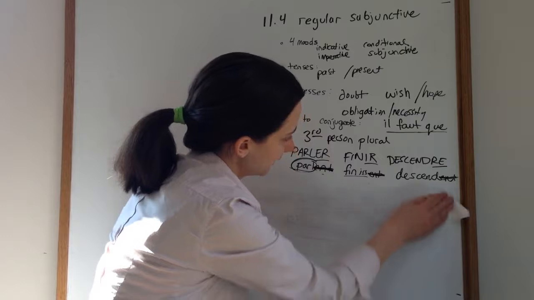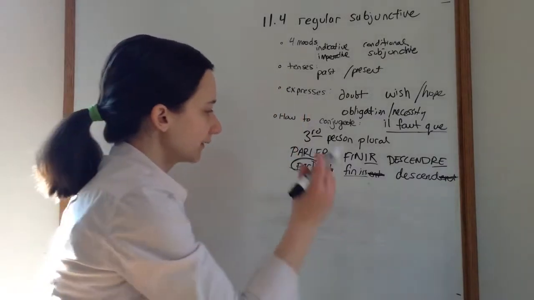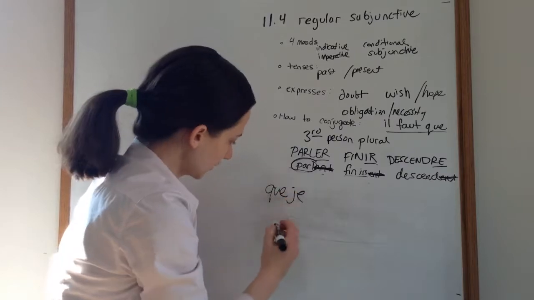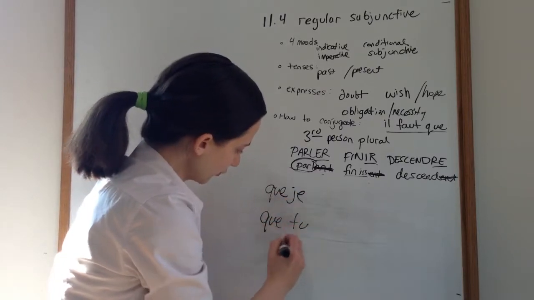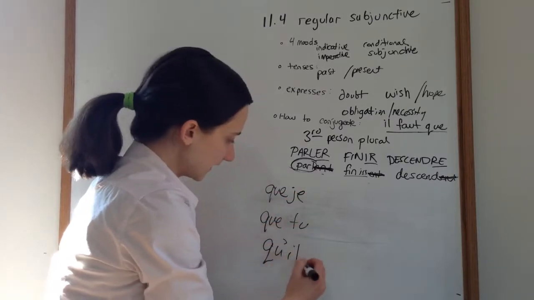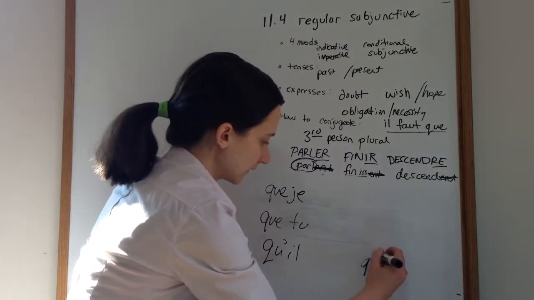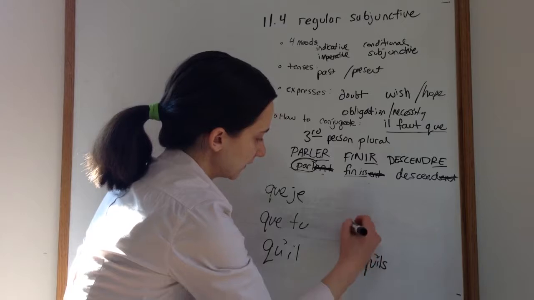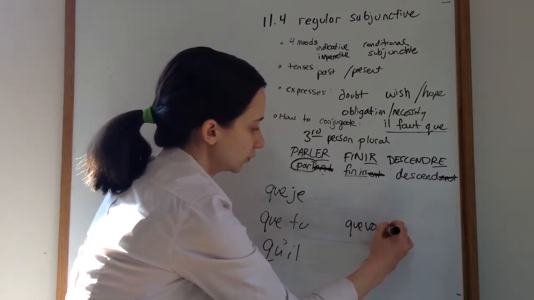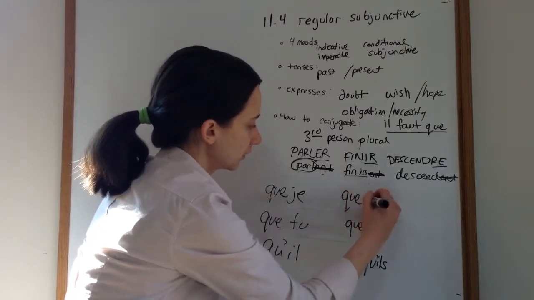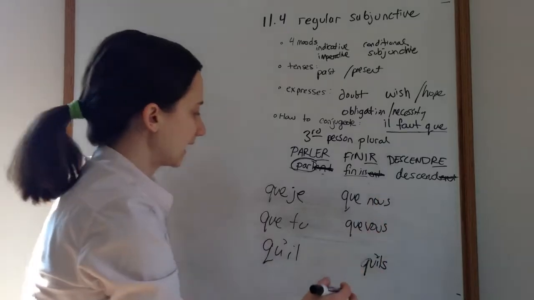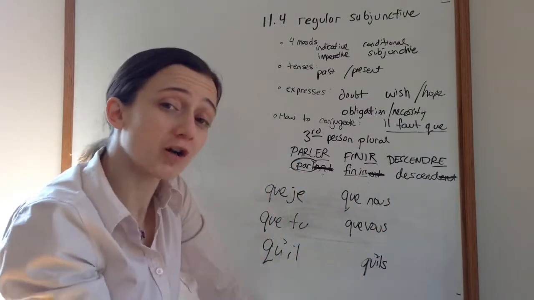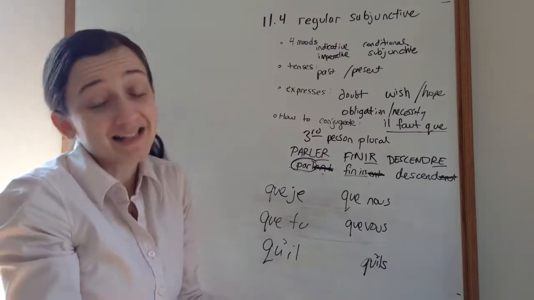By now, I think you should be able to do the R-E. It's just going to work the same way. We'll have que je, que tu, qu'il, qu'ils, que vous, que nous, and then this is where the pronunciation for our RE verbs, we actually get to say the end.